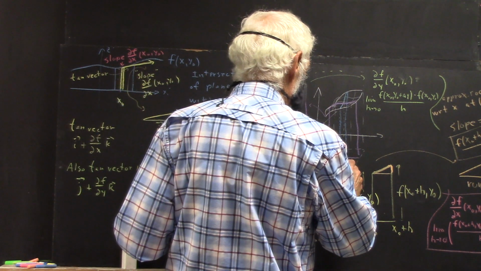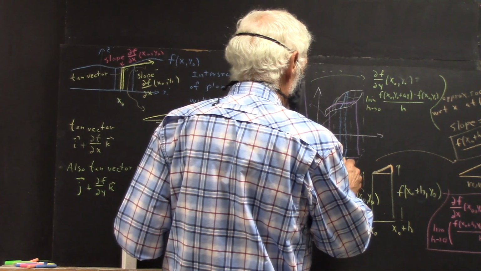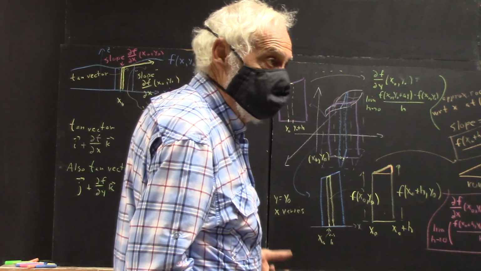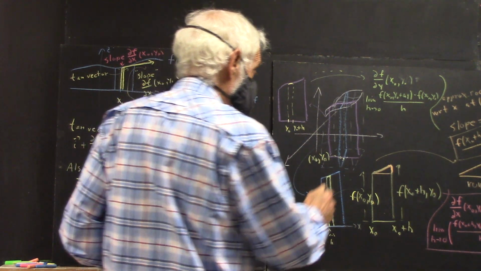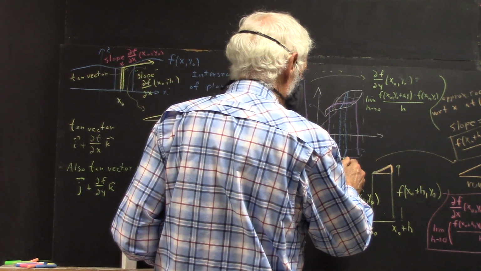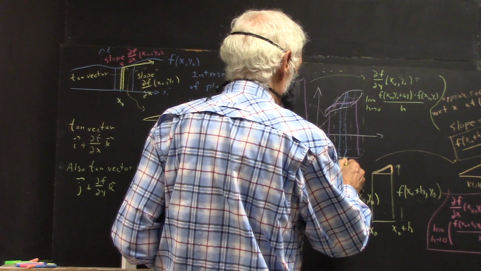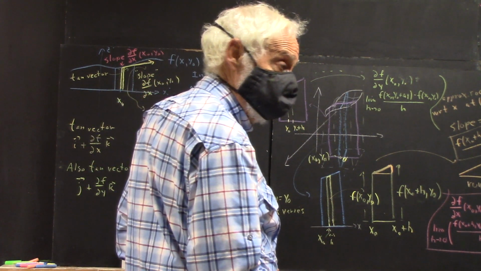Let's just draw that region here. Okay, that's going to be a region here. Here, there's your H, there's an H. Might not be the same H, doesn't have to be, because it's going to shrink to 0. Okay? And these two things shrink to 0 independently. Right there is our region. Okay?